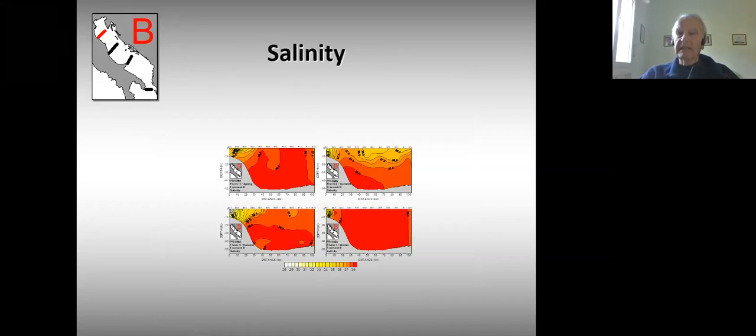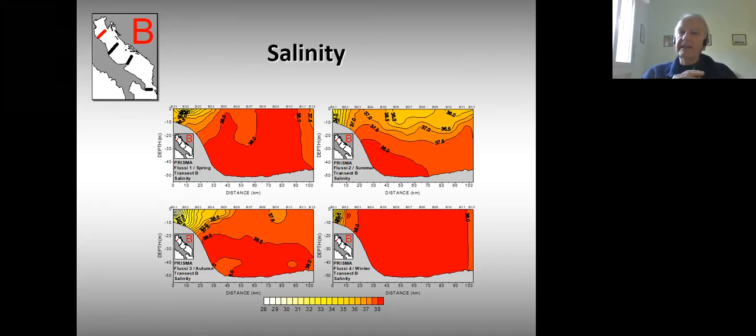What about salinity? Salinity should show another pattern, another process, because the temperature shows the surface heating and cooling, while the salinity should show evaporation minus precipitation and river runoff influence.